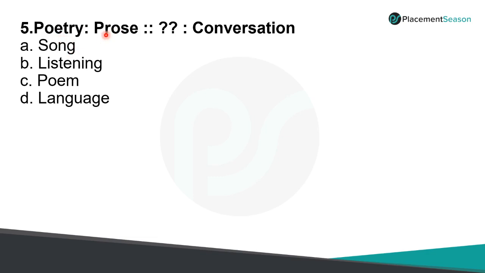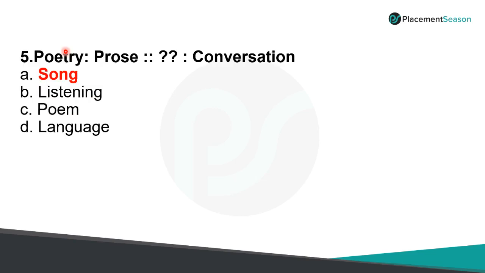So taking the first set of words, the first one is rhyming and the second one is non-rhyming. Similarly, conversation is something which need not be rhyming. So here we have to match a word that should be rhyming. The options are song, listening, poem, languages. From all these four, we see that song goes with it because song is something that is rhyming.